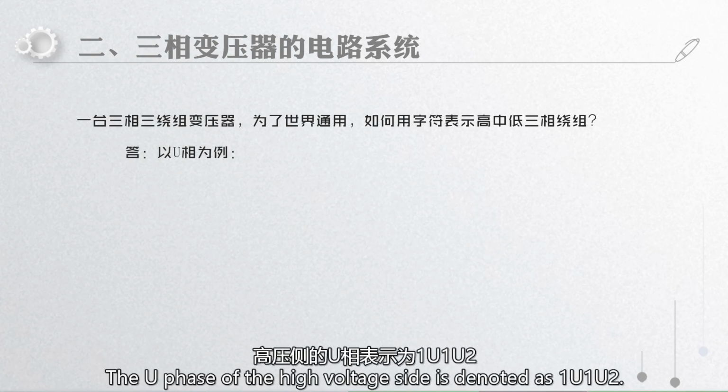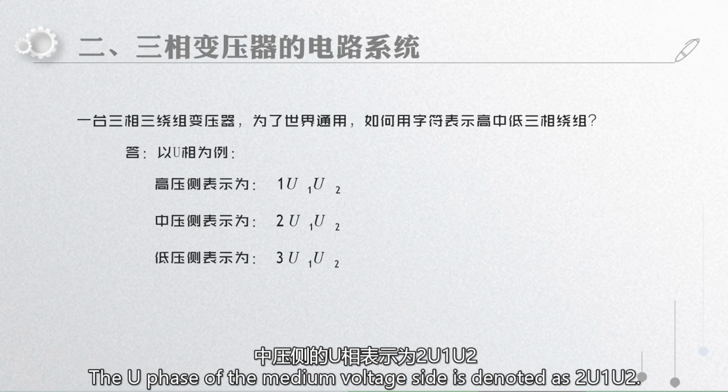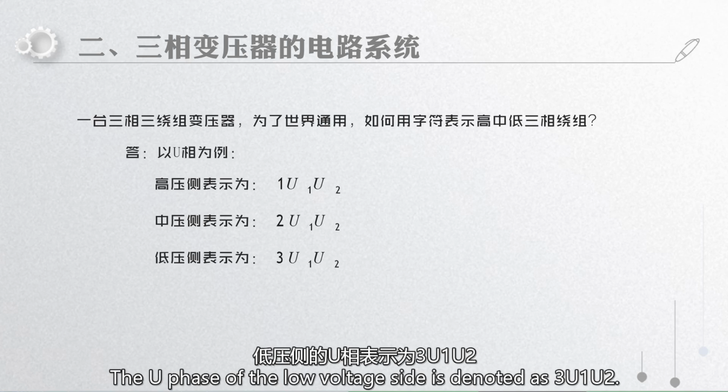The U phase of the high voltage side is denoted as 1U1, 1U2. The U phase of the medium voltage side is denoted as 2U1, 2U2. The U phase of the low voltage side is denoted as 3U1, 3U2.